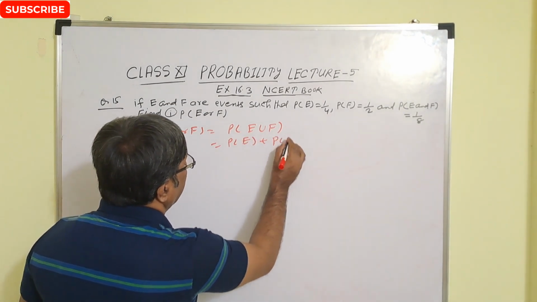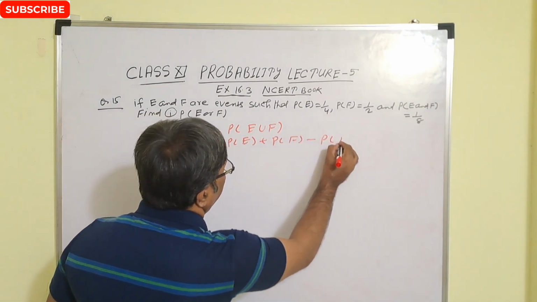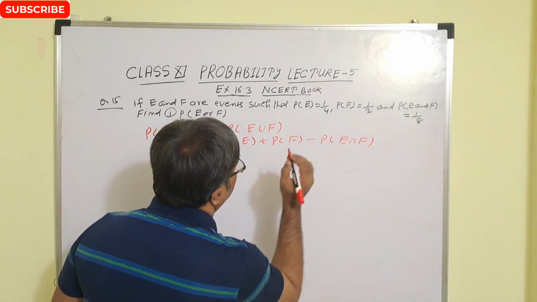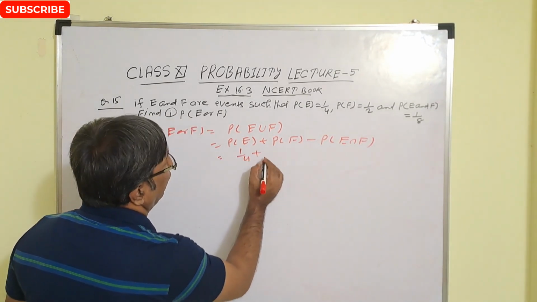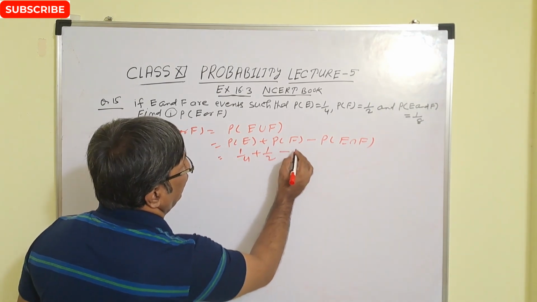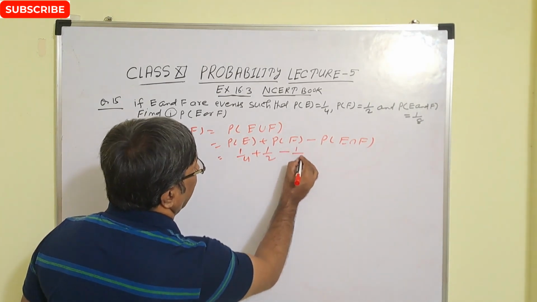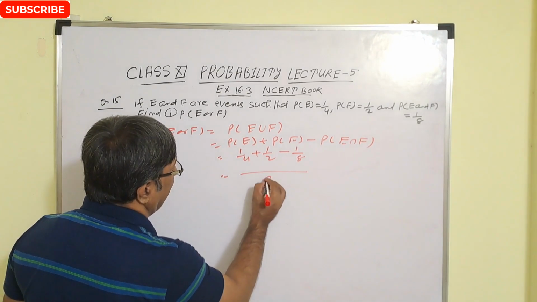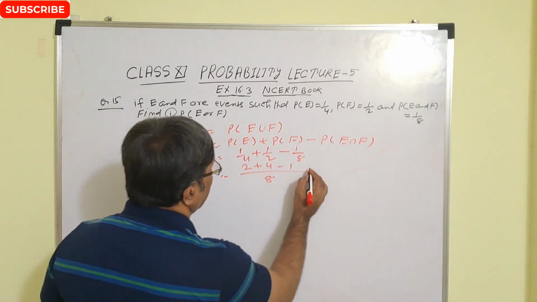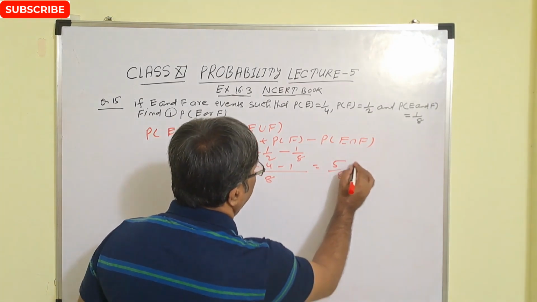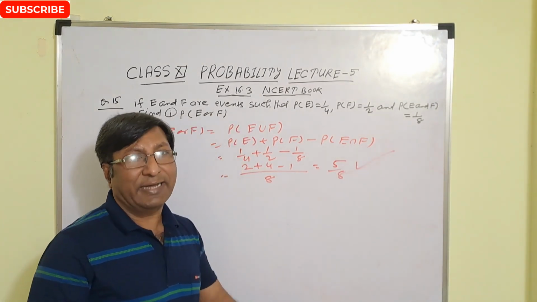Probability of E plus probability of F minus probability of E intersection F. So probability of E is given 1/4, F is given 1/2, and the intersection is given 1/8. So LCM is 8. 4 twos are 8, 2 fours are 8, minus 1. So 6 minus 1 is 5. So 5/8 is the right answer.